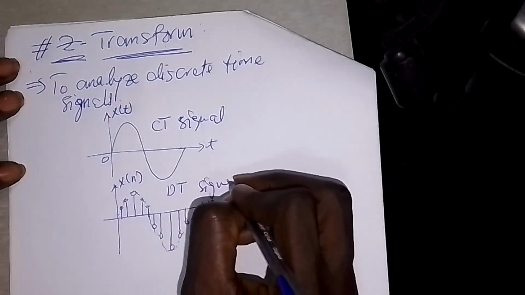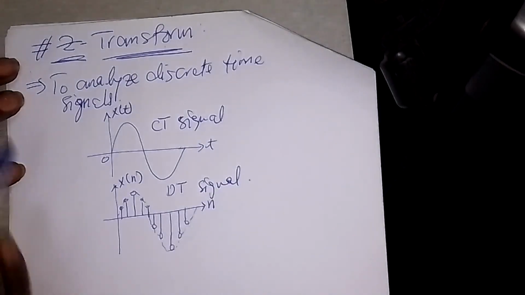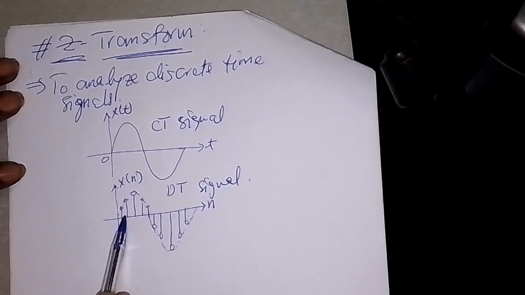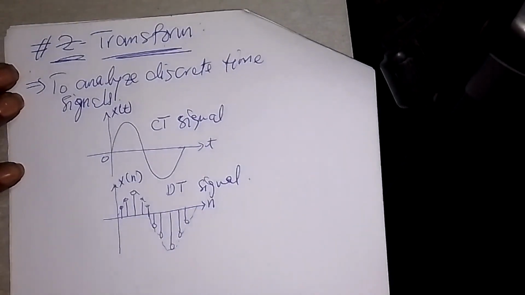Z transforms are used for analyzing discrete time signals.